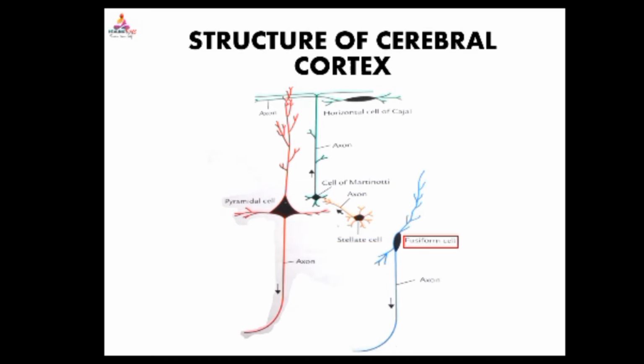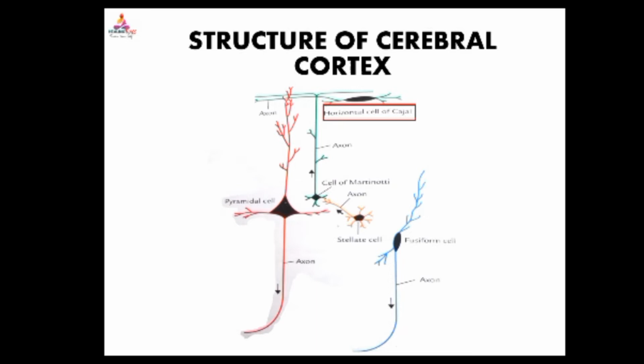Next is the fusiform cells, which have fusiform cell bodies with their long axis being vertical to the surface. They are concentrated in the deepest cortical layer. Next is the horizontal cells of Cajal, which are fusiform and oriented horizontally.